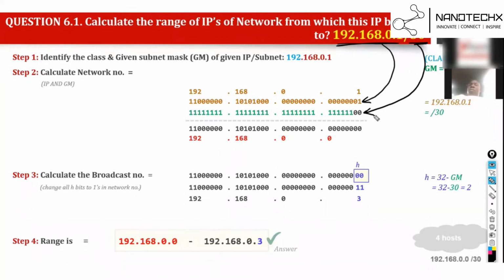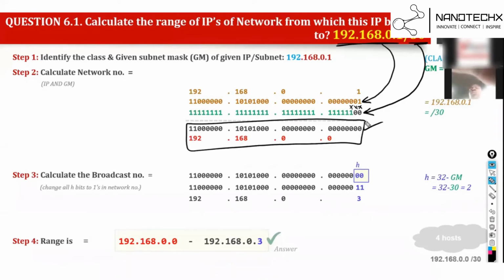Don't convert this to binary. And then do the AND of them, means multiply. 1 multiplied by 0, 0 multiplied by 0, 1 by 0, 0 by 0. So this is the answer. It means this is your first IP address. Then I converted it to decimal: 192.168.0.0.